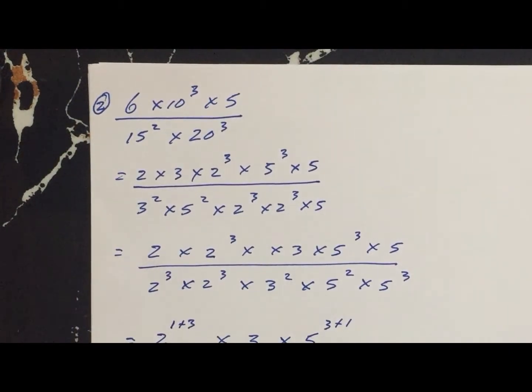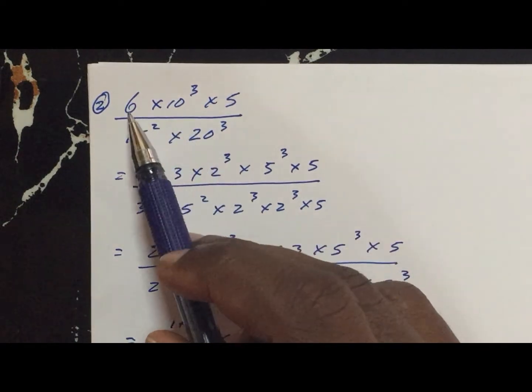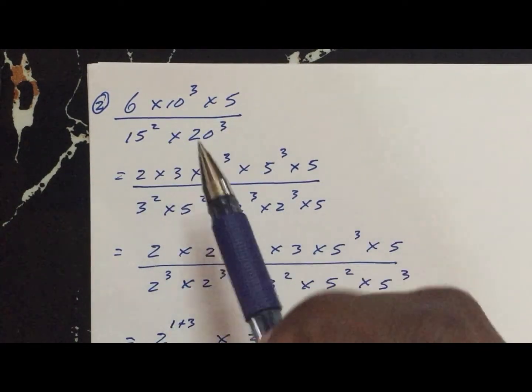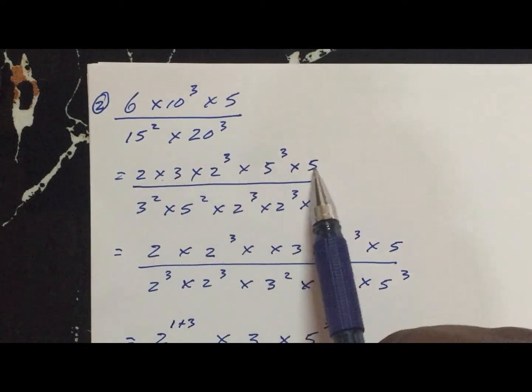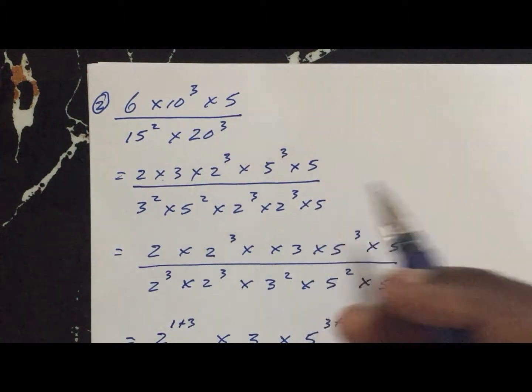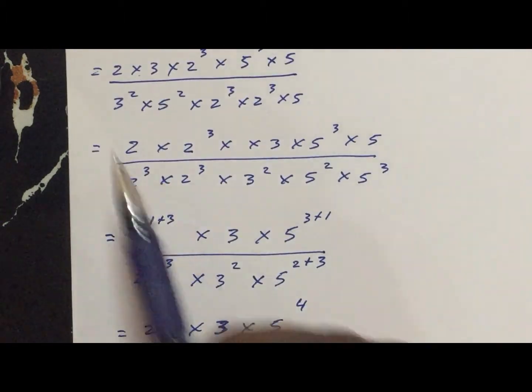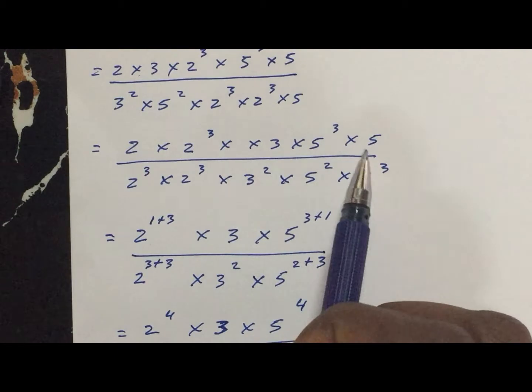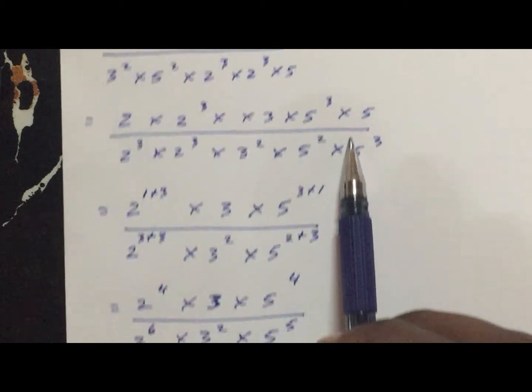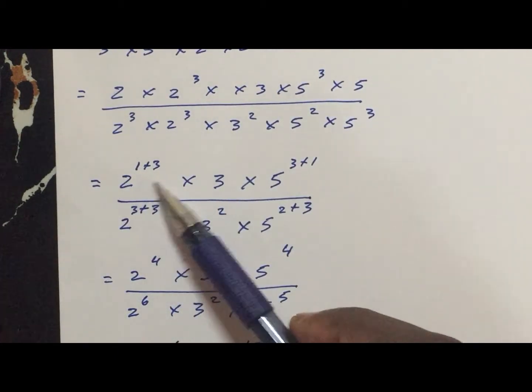If we take a run back through it, this is our problem. We broke it down into the smallest pieces. We group all the like terms. We simplify that.